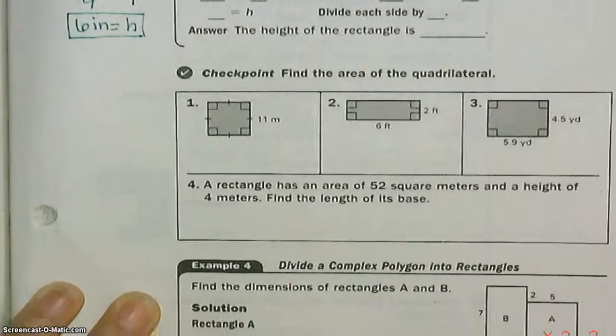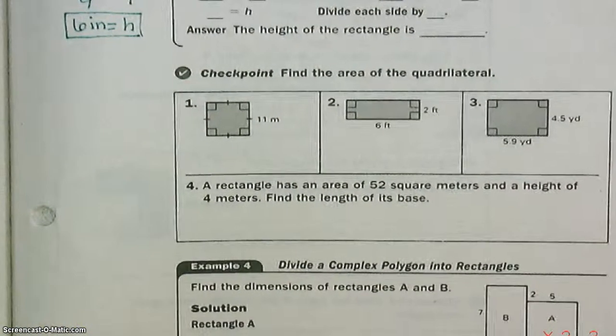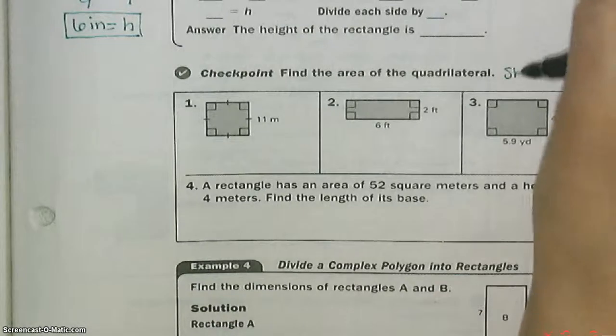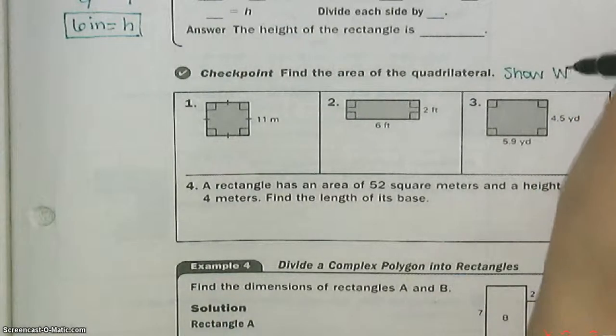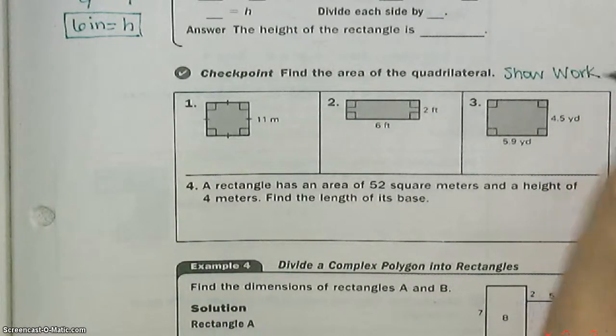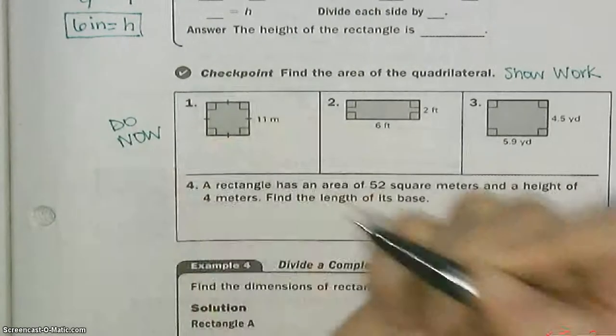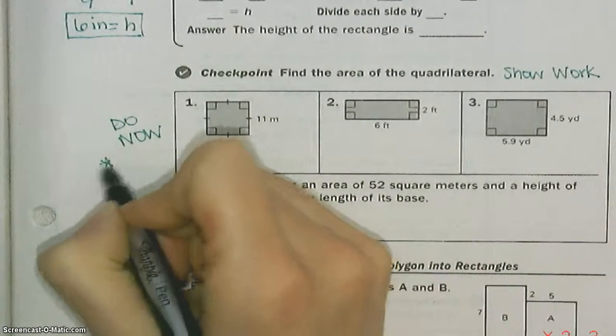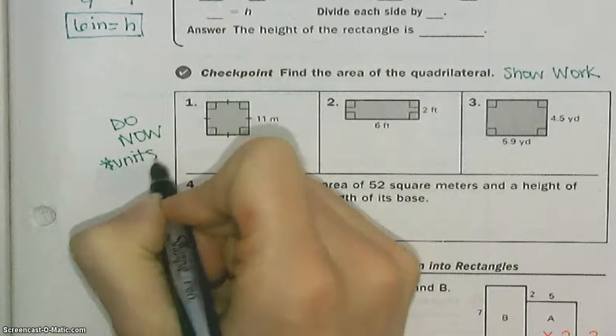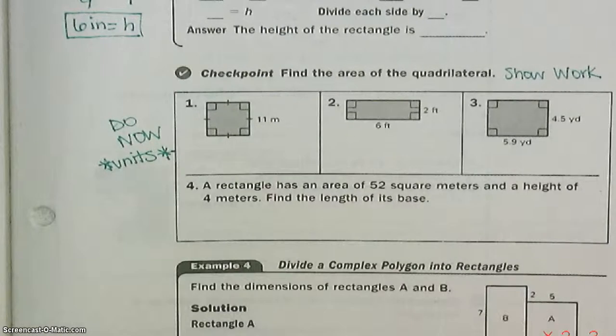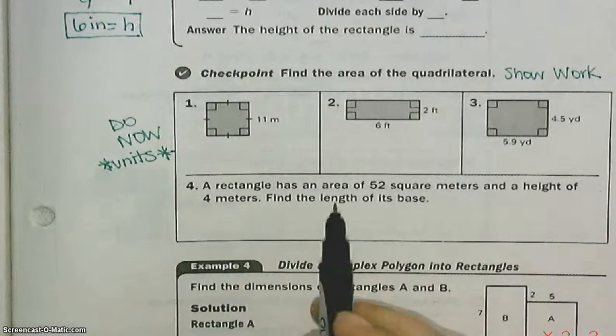Find the area of the quadrilateral. All right, and I want you to show your work. So do this now. Don't forget units. Have units on all your answers. And here you have to find the base.